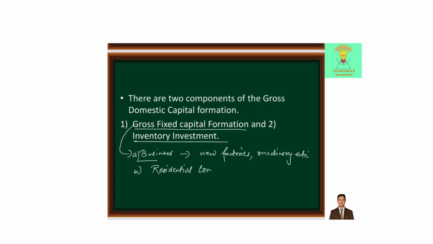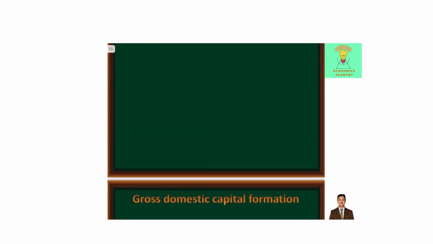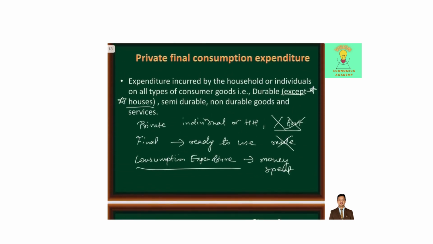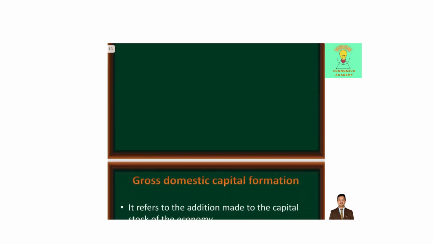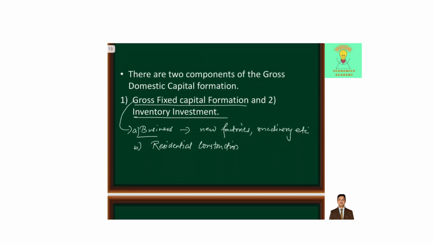The reason why I made a star over here is that all those houses and residential construction are included in gross fixed capital formation, because some asset is being created.